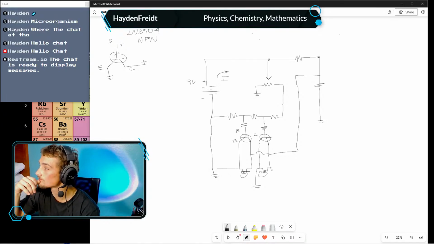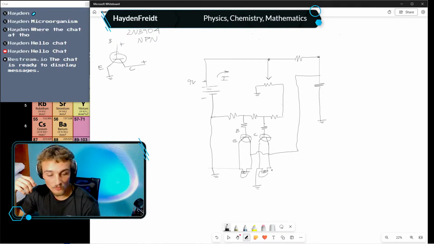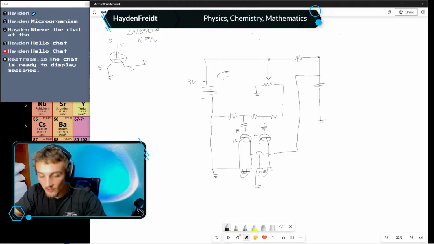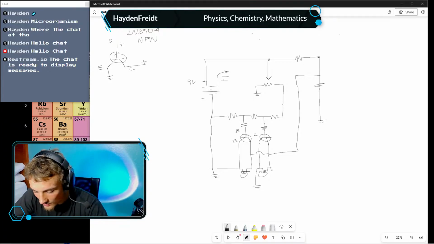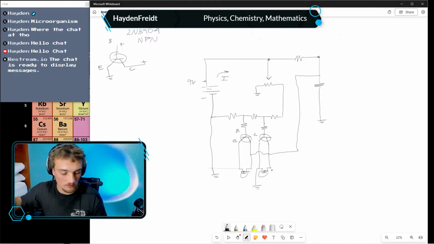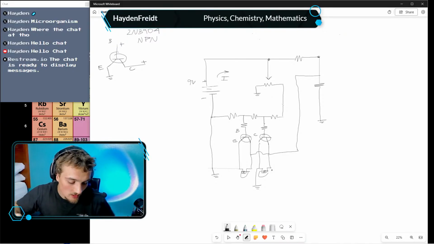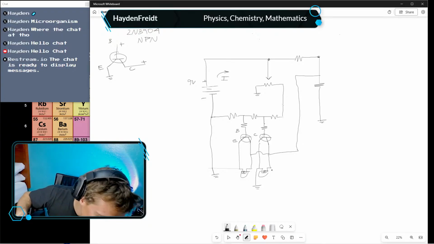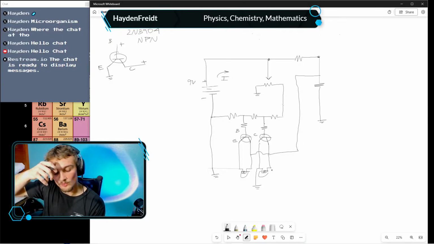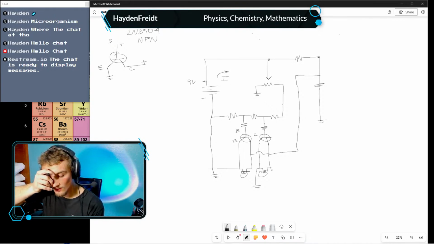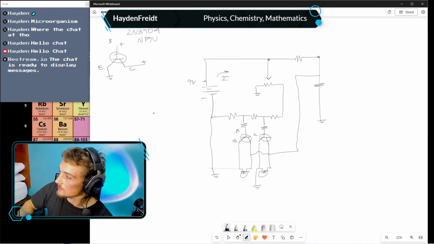Okay, now let's put actual values to these resistors. Okay, so those are 6. Is that really how I have that split? Oh, yes, I do. But that's for the purpose of that. So it's going to be 68 ohms.